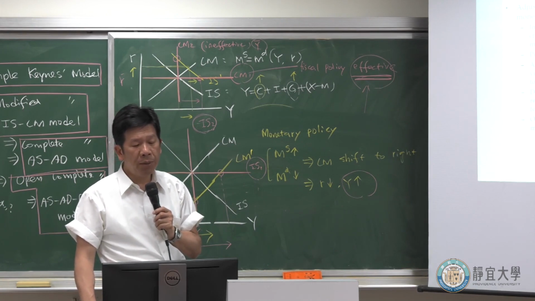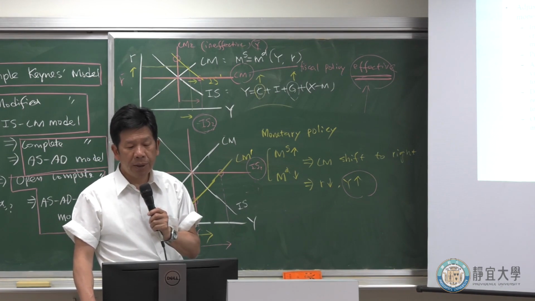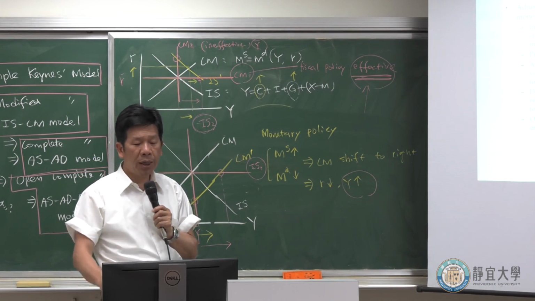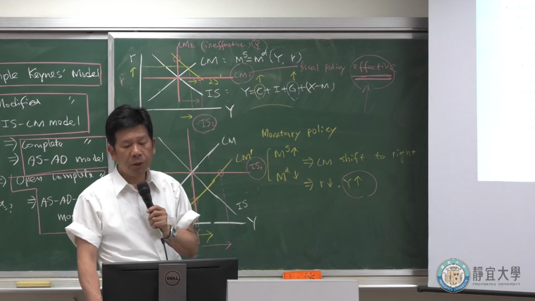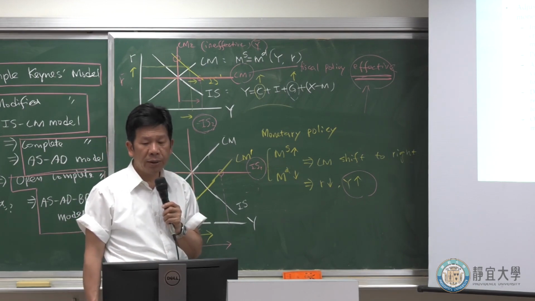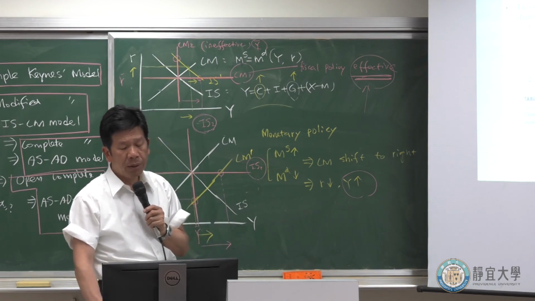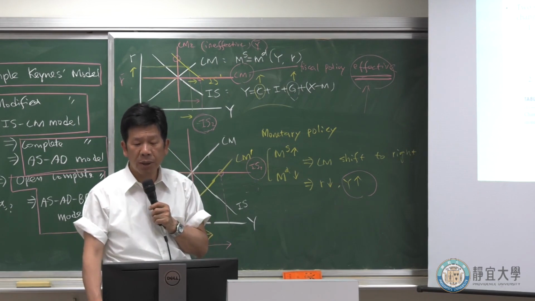Or the other way, maybe asset prices increase, and then they can let the yields decrease, or the interest rate decline. After that, you can look at how the LM curve shifts to the right-hand side. So you can compare.